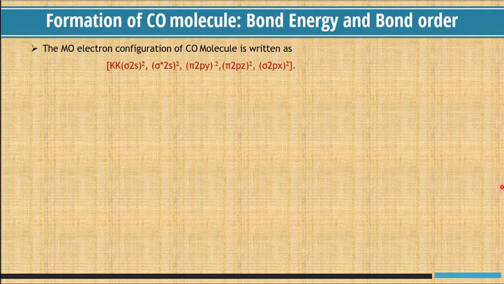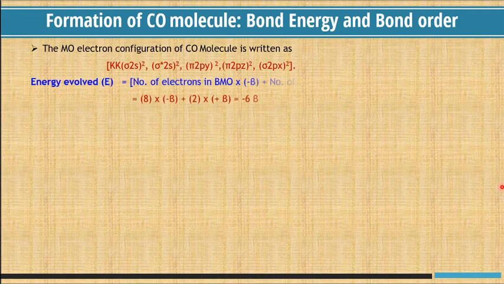The molecular orbital electron configuration of carbon monoxide molecule can be written as KK sigma 2s2, sigma star 2s2, pi 2py2, pi 2pz2 and sigma 2px2. The energy evolved in formation of carbon monoxide molecule is given as 8 into minus beta plus 2 into plus beta, that is equal to 6 beta.